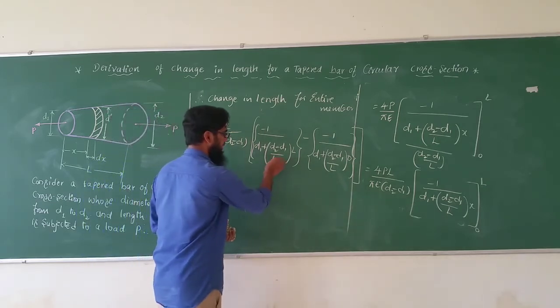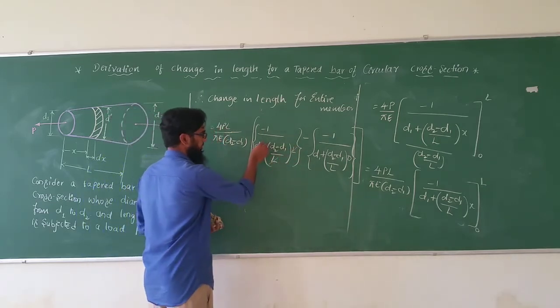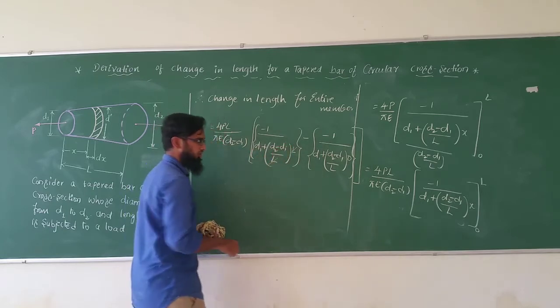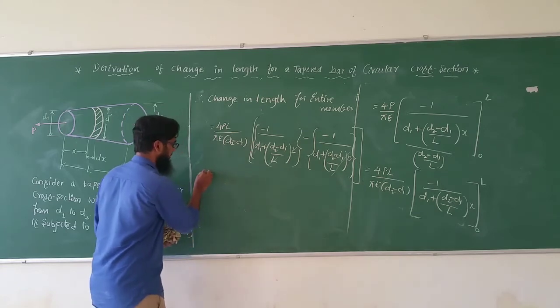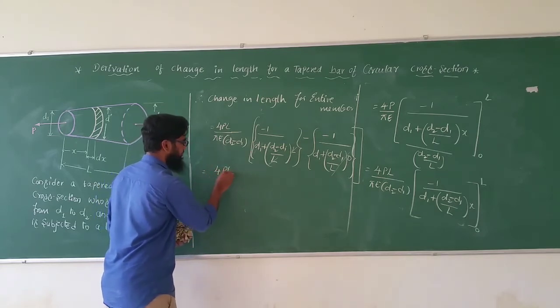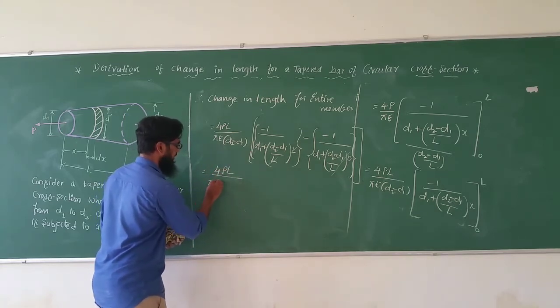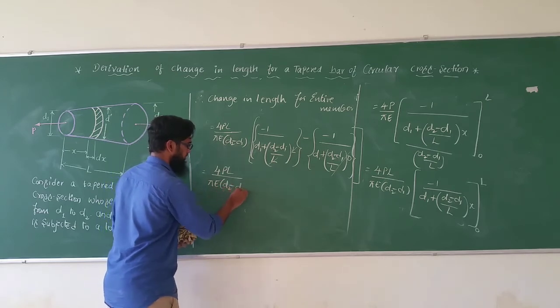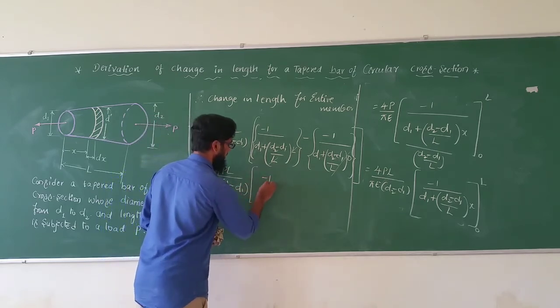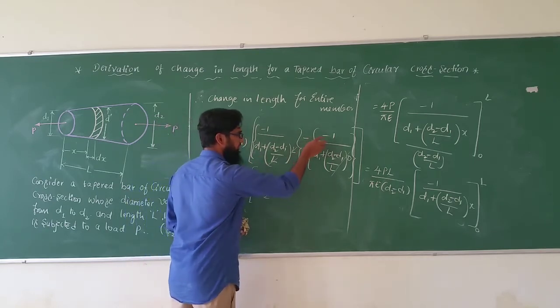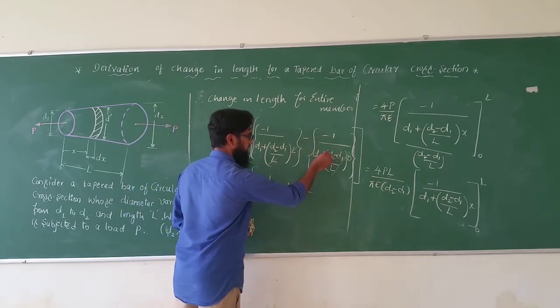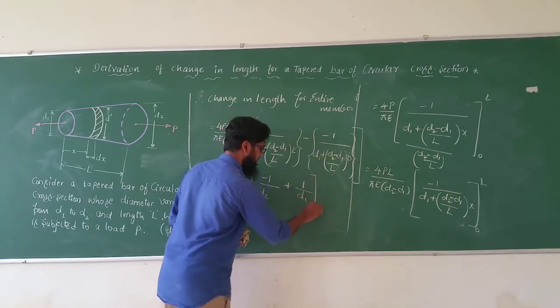Now the L's get cancelled, so plus d1 minus d1 get cancelled. Since this term is multiplied by 0, it will be 0. The remaining term is 4PL by pi E d2 minus d1, times minus 1 over d2, which remains here. Minus into minus gives plus 1 over d1, which remains.